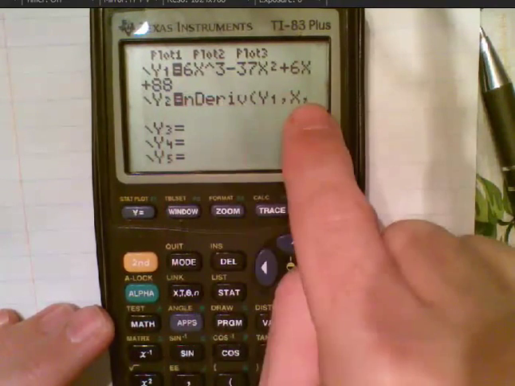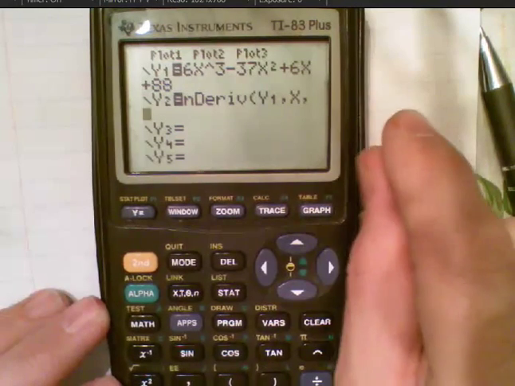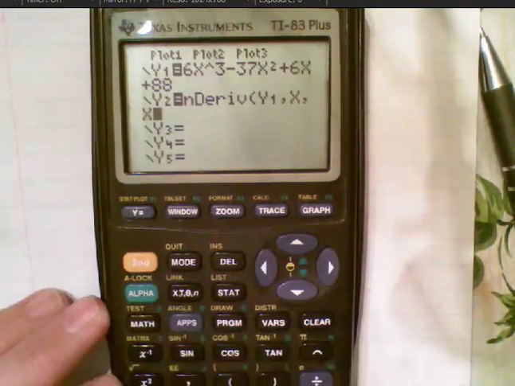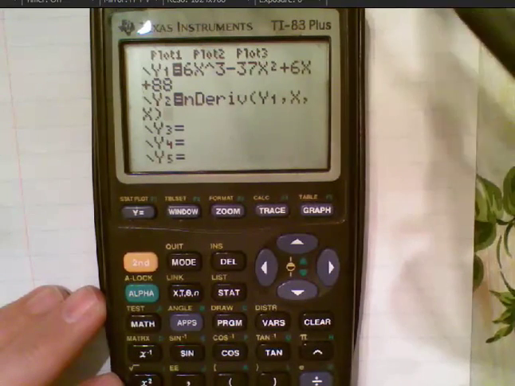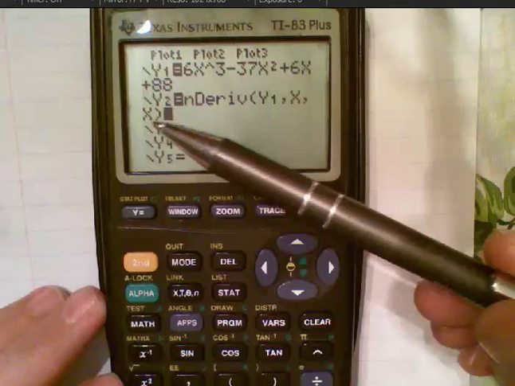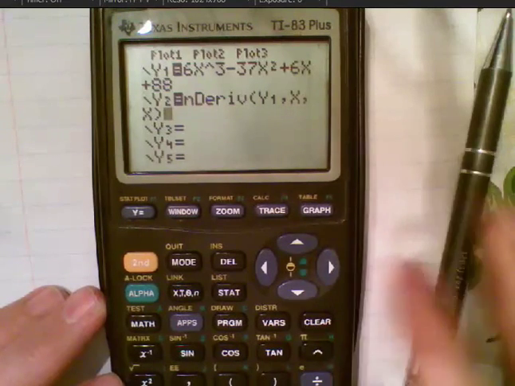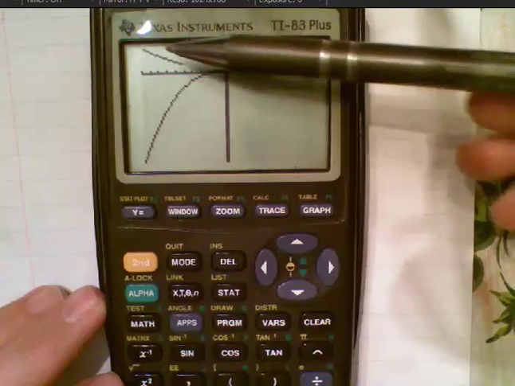If the value is, say, negative 70 like it was before, it's just going to graph a horizontal line. So I want to graph this for every x value in the domain. So I do the same thing, nDeriv, y1, comma x, so it does all the points. And when I go to graph it now, it's going to graph the derivative of this.